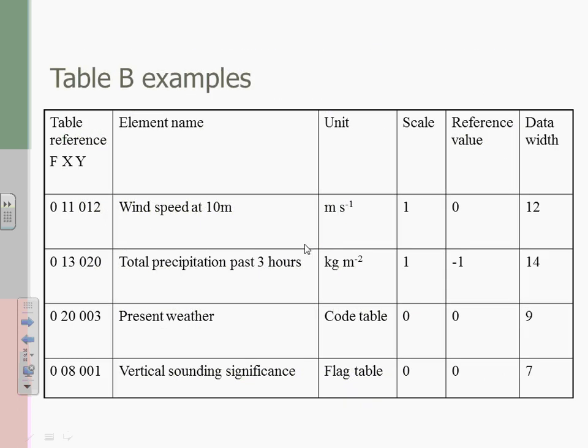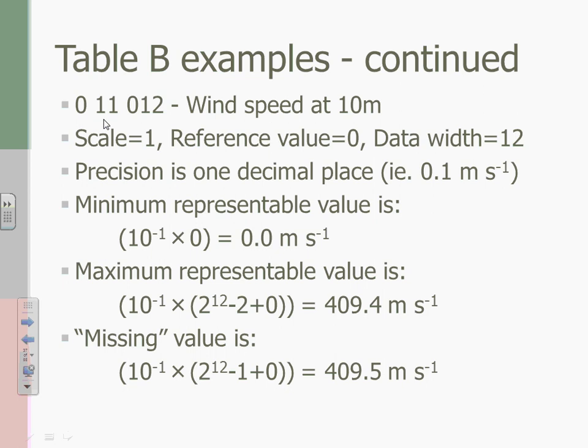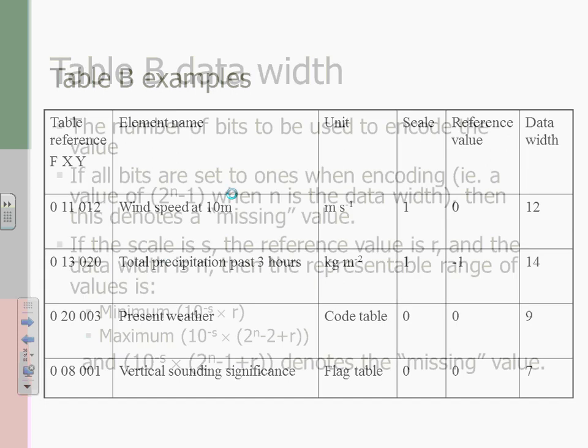Let me give some example. 0 11 012 is a wind speed at 10 meters. The scale is 1 here. I'm talking about scale, reference value and data width.